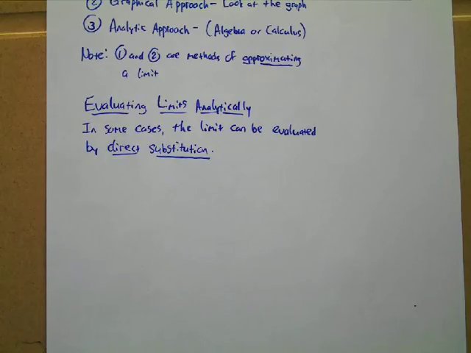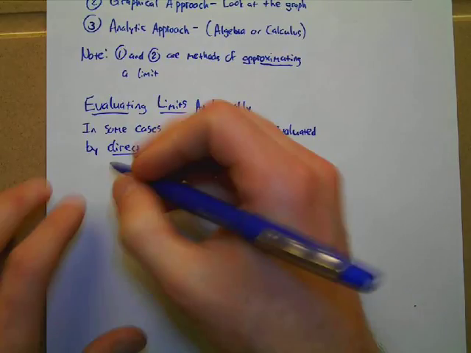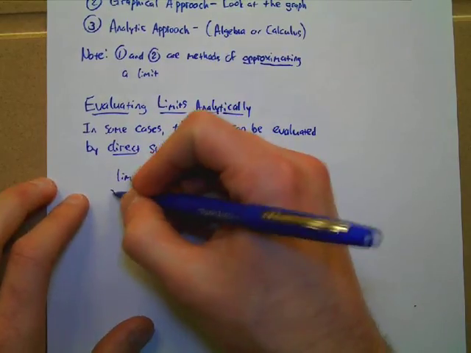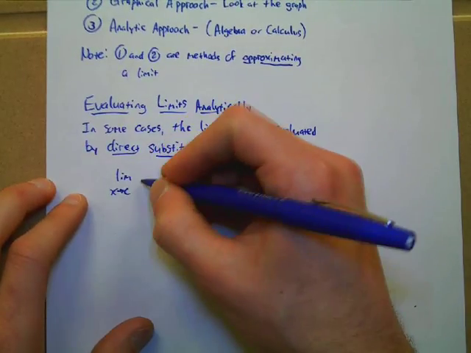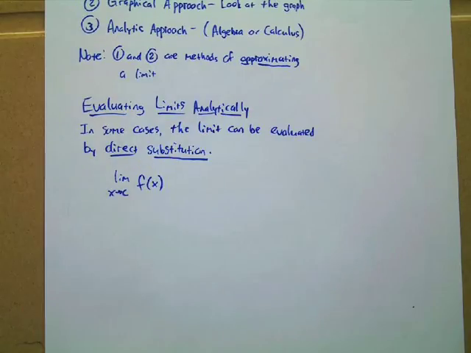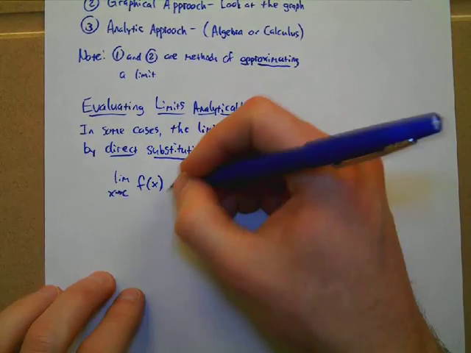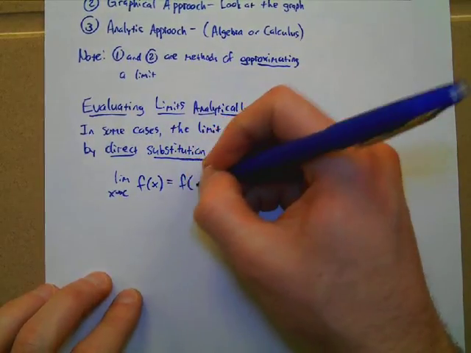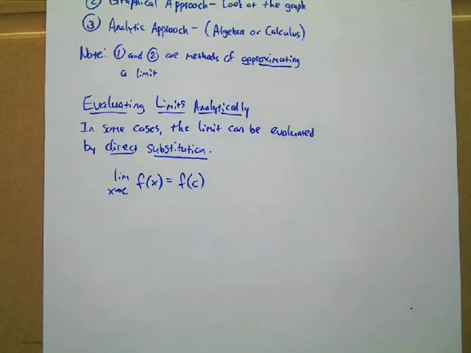This is where it can get difficult to distinguish sometimes, because there's this tool called direct substitution, where evaluating the limit is precisely the same thing as plugging c into the function and evaluating the function at that point. But this is not always true. This is true if and only if f is continuous.